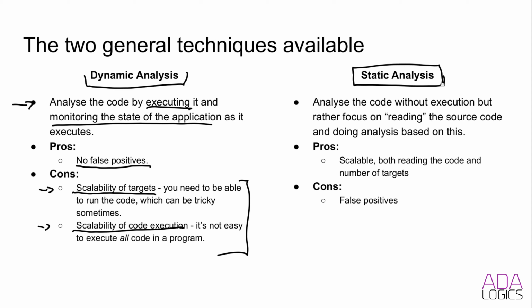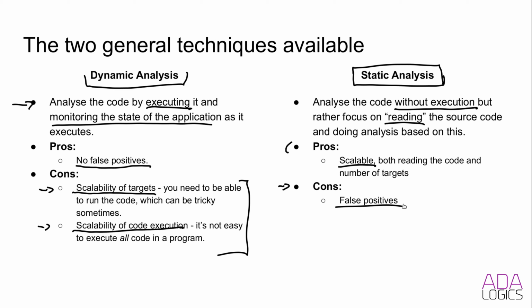So static analysis analyzes the code without executing the code, but rather it focuses on reading the source code of the given program that it's analyzing. The benefits of this is that it's scalable. So we can read the code of any number of targets, and we can read all of the code for a given target. And the con in general is that it has false positives.